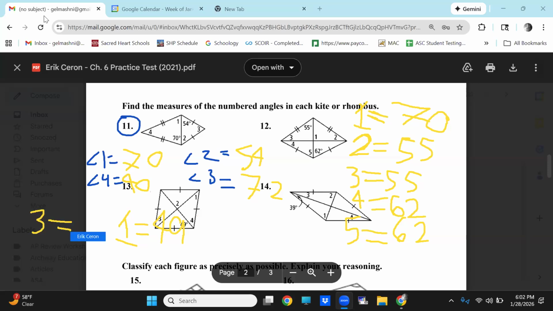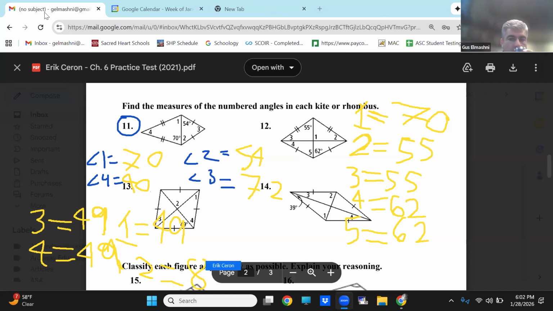Angle 4 is equal to 49. Okay, so then angle 2 is equal to 82. Okay.